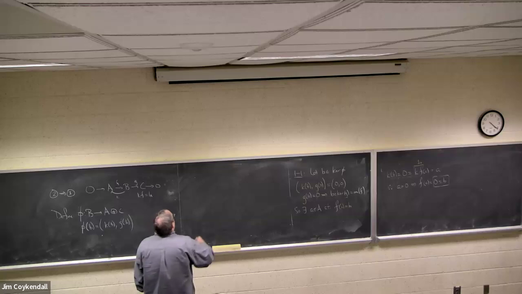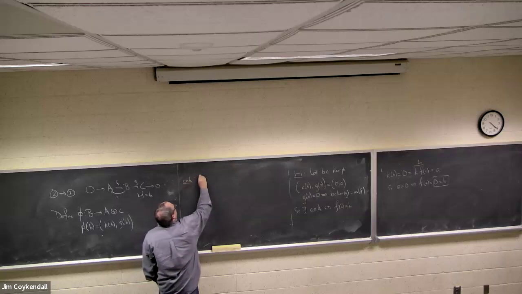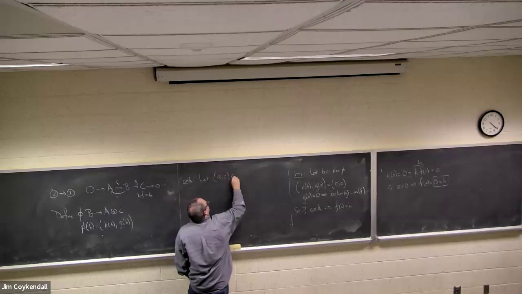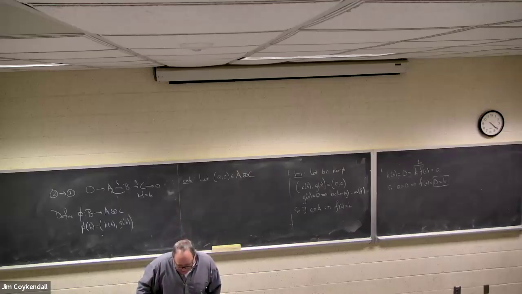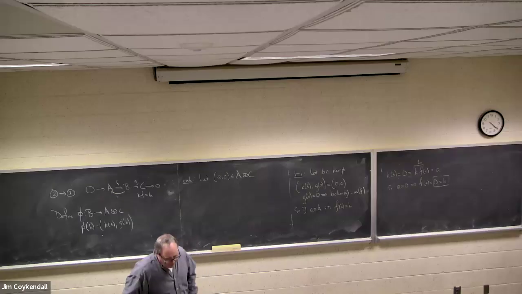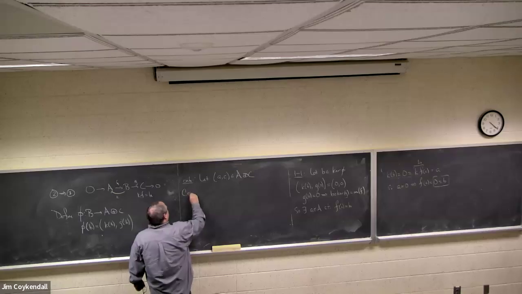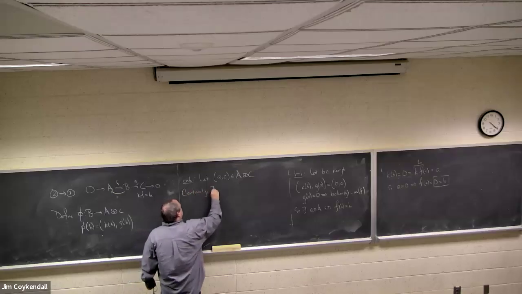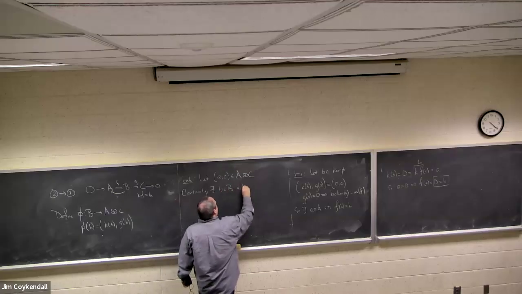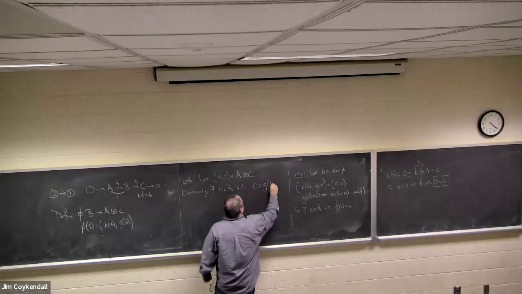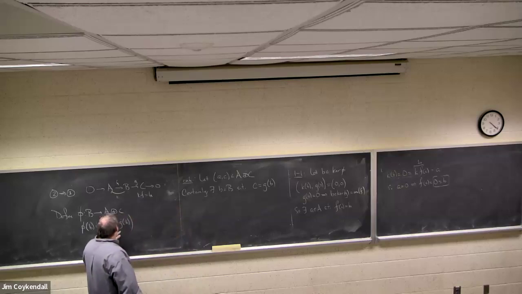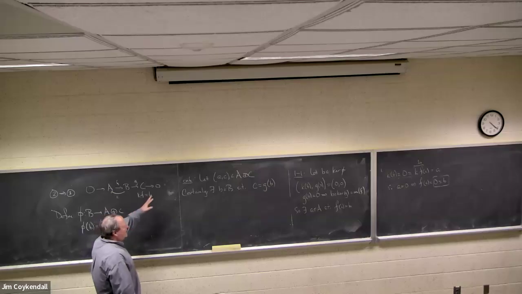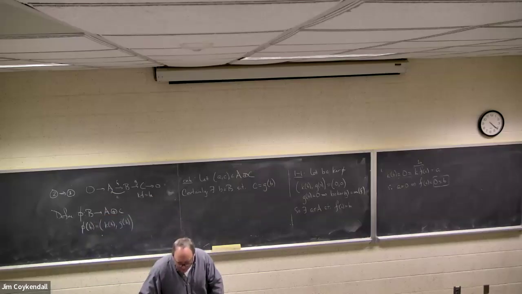So let's pick an arbitrary element A, C of A direct sum C. Since G is onto, there exists B in B such that C is equal to G of B. But I certainly don't know that K of B is going to match the A. So I've got to adjust this a little bit.